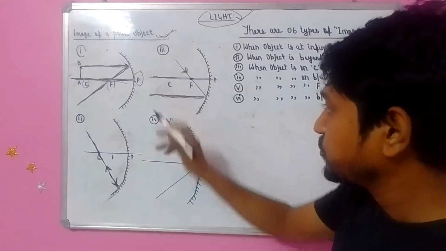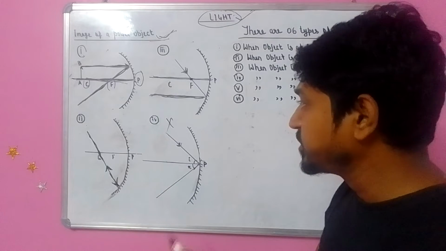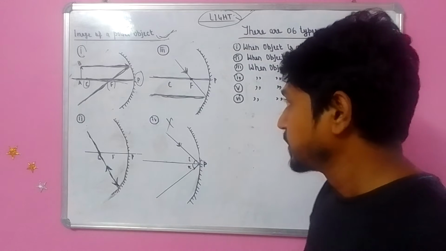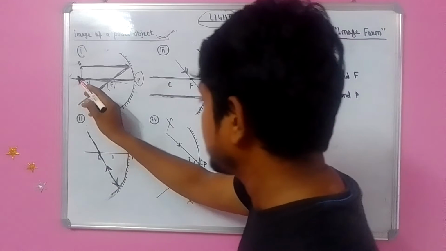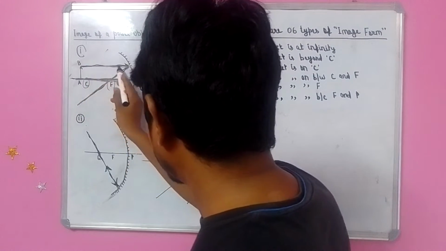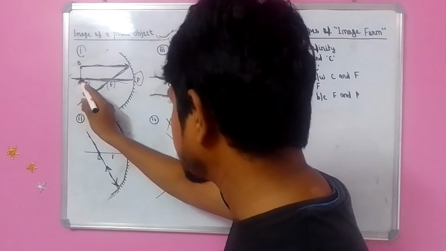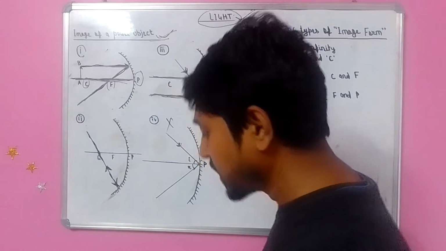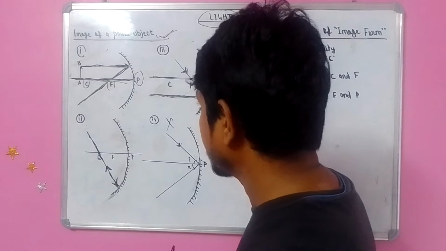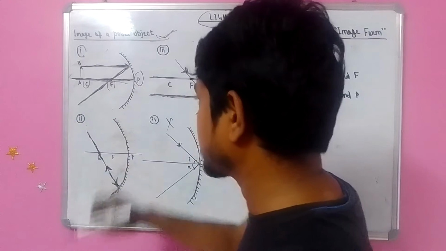There are four basic rules or basic points which you have to understand before the formation of image. First, when a ray of light parallel to the principal axis, after reflection it passes through the principal focus.